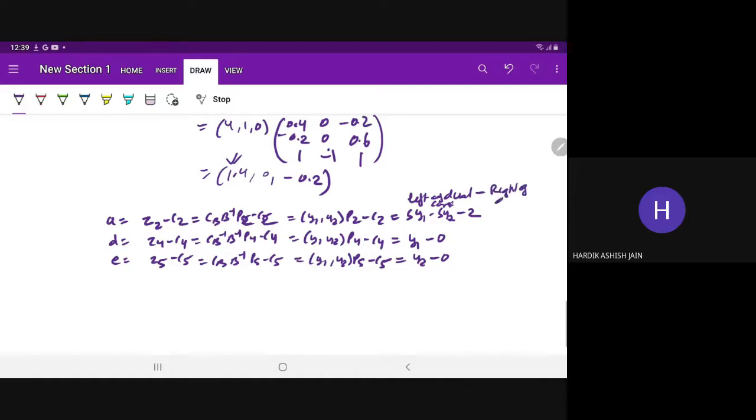Y1 Y2 we have already computed as 5 comma 0. So just put 5 comma 0 here, and you will get 23, 5, and 0.